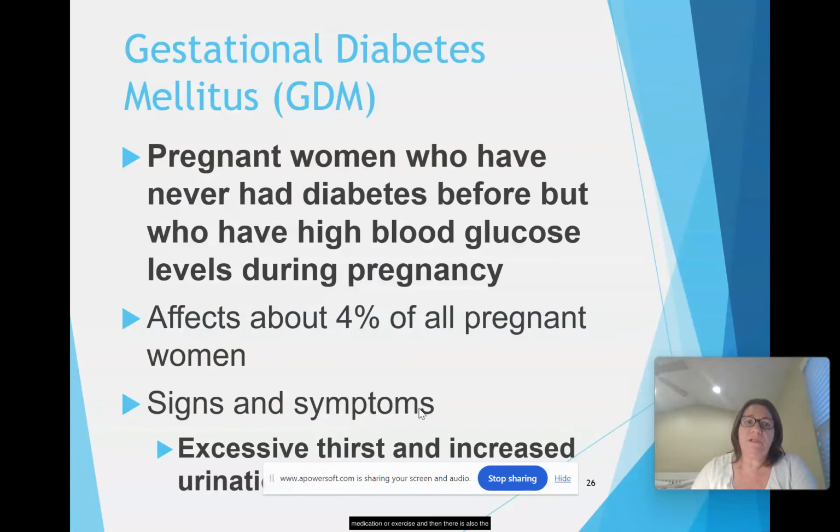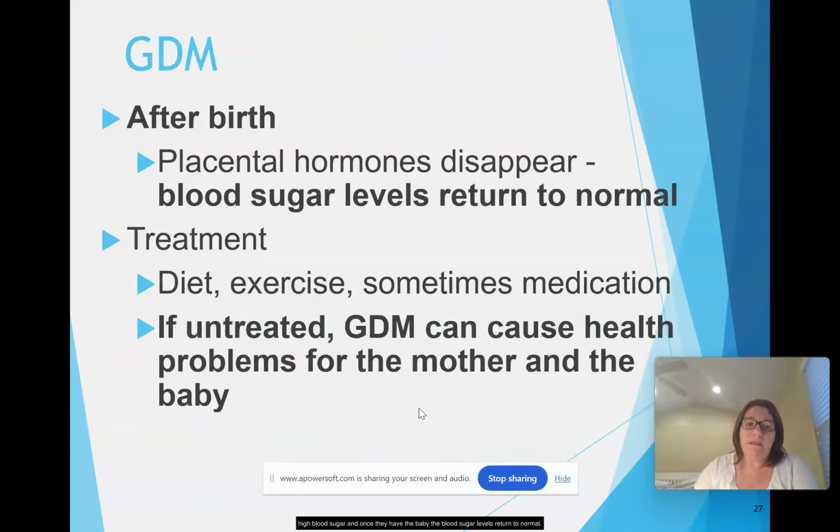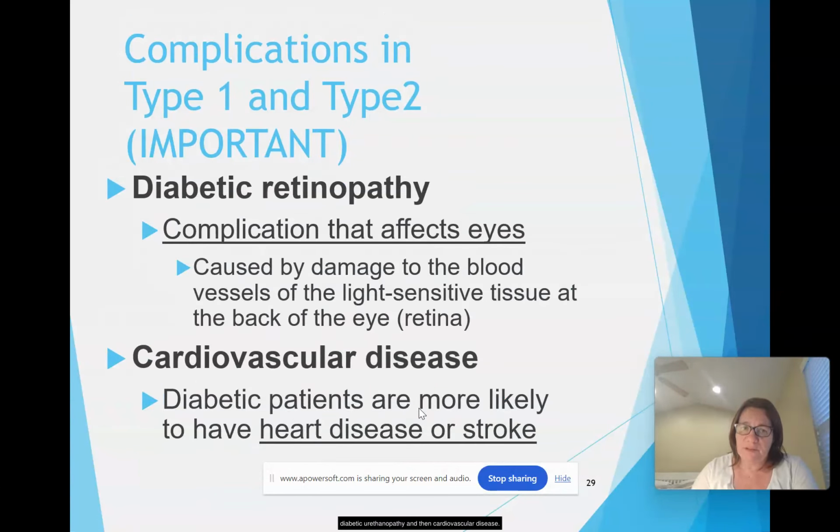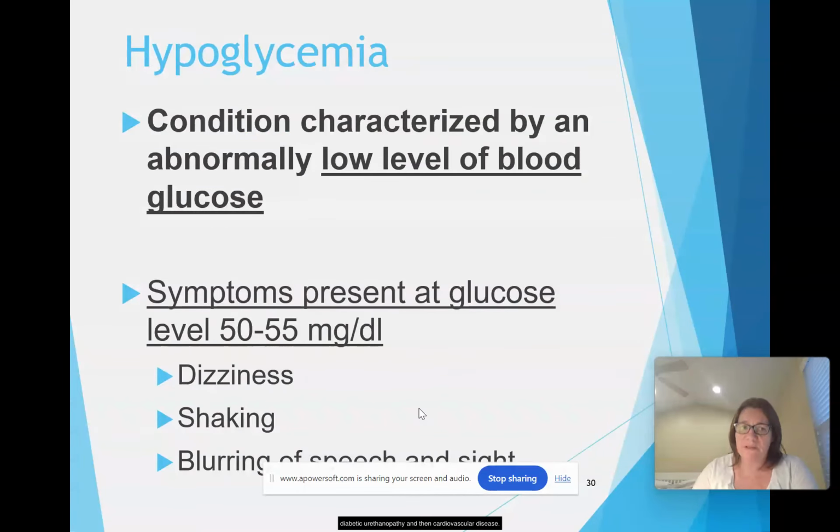And then there is also gestational diabetes. There are some women that during pregnancy can have high blood sugar. And once they have the baby, the blood sugar levels return to normal. Those are the complications: type 1, type 2, diabetic nephropathy, neuropathy, diabetic retinopathy, and then cardiovascular disease.